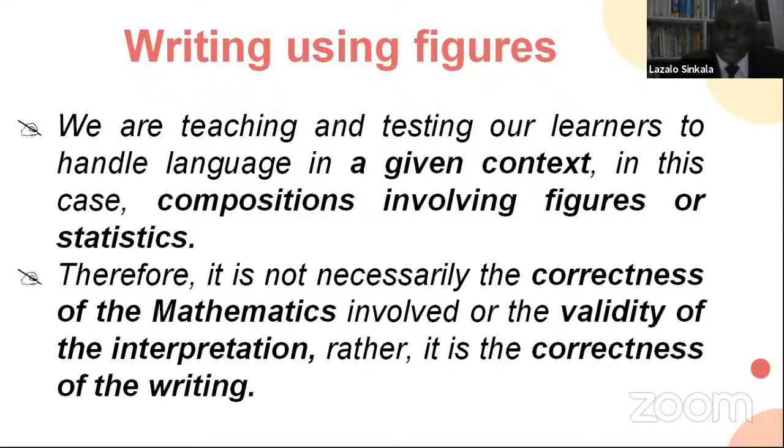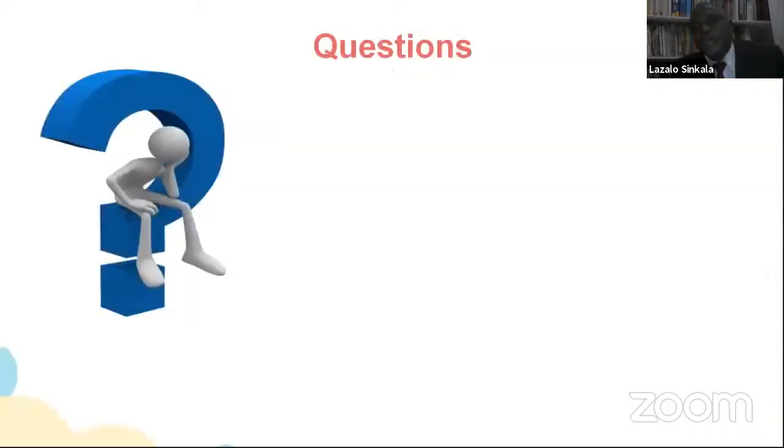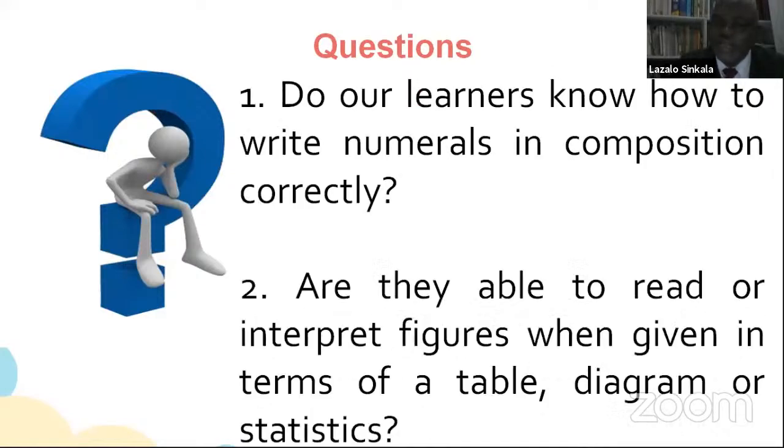We want to know whether learners know how to write the figures in words. So, do our learners know how to write numerals in composition correctly? Are they able to read or interpret figures when given in terms of a table, diagram, or statistics?